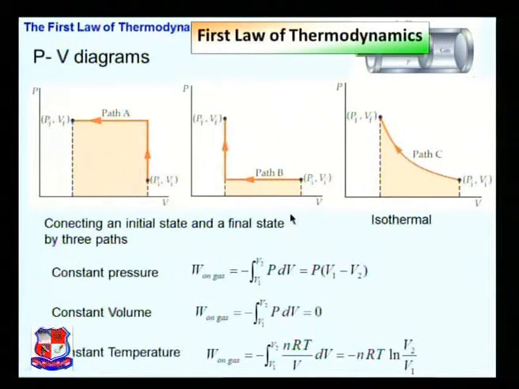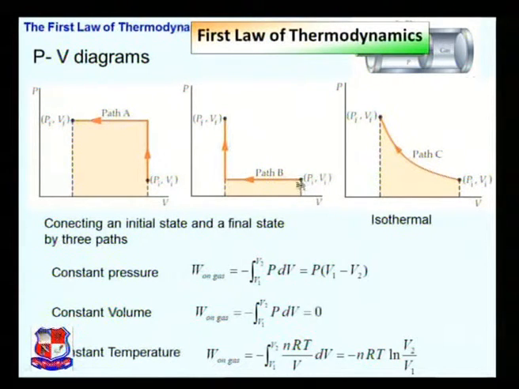These are the PV diagrams for these three types of cases: constant pressure, constant volume and constant temperature. The final position is represented by PF VF and the initial position by PI VI. So connecting an initial state and a final state, from 1 to 2 we can go by three paths. One is constant volume and constant pressure.